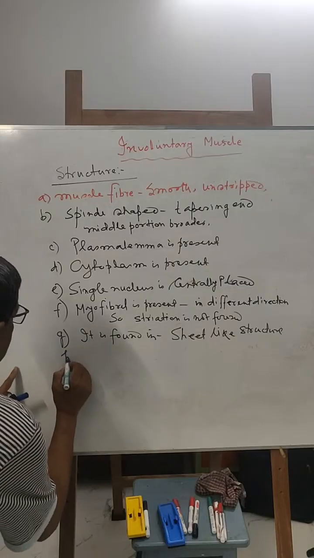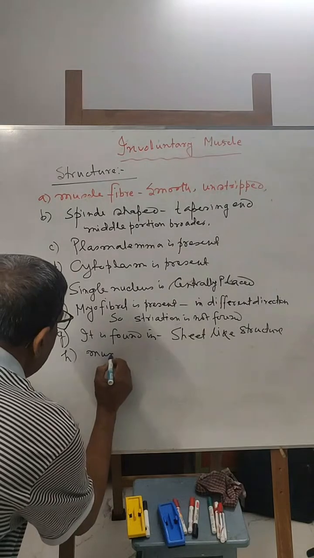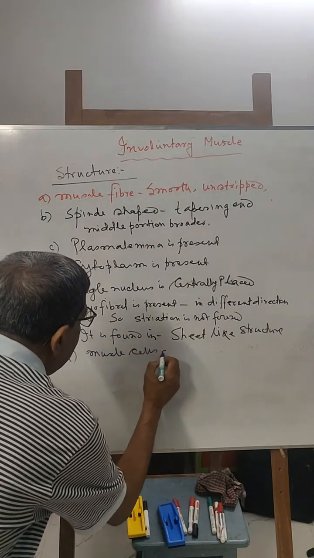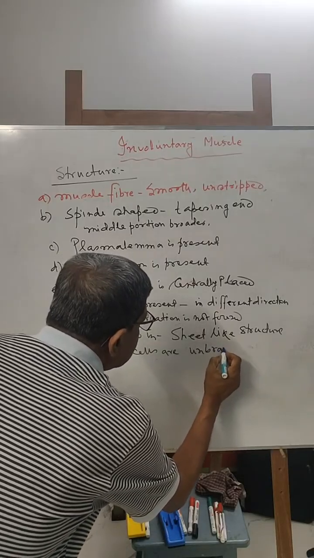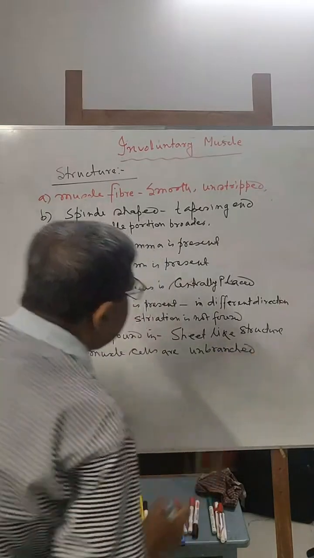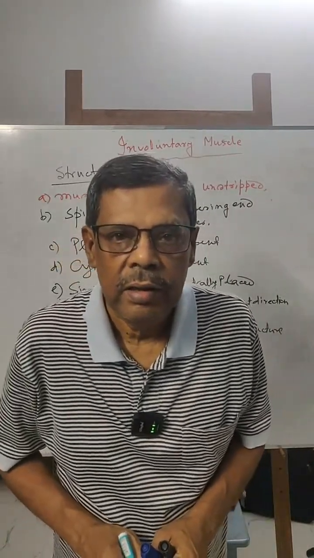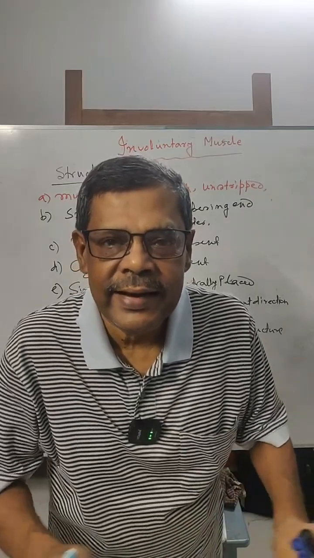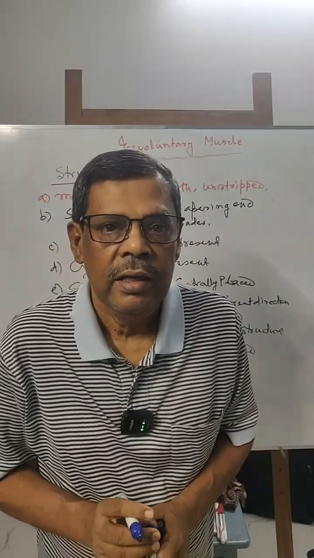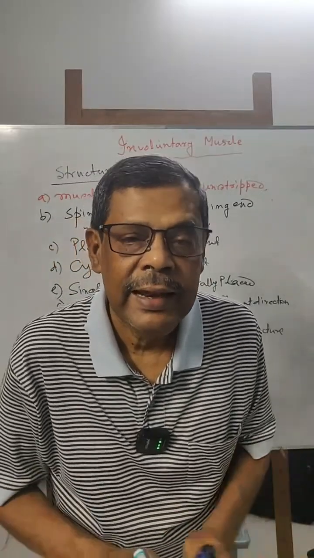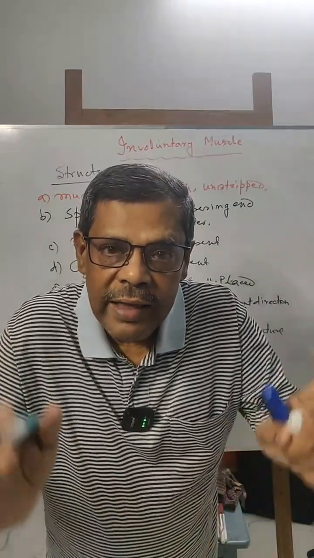Next, muscle cells are unbranched. The muscle cells are connected by several junctions, lying side by side.